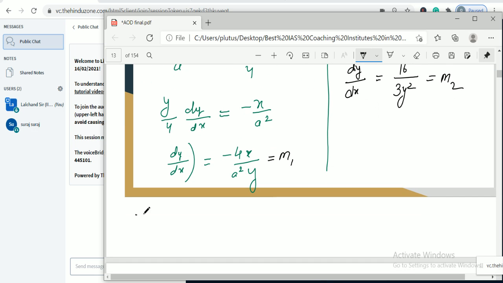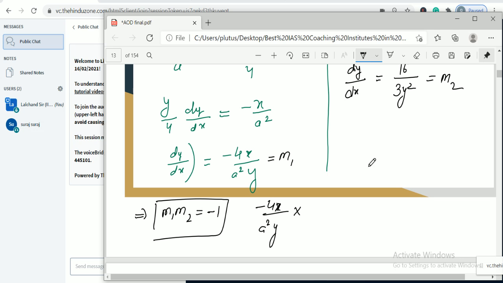If we put the values of m1 and m2 equal to minus 1, then we have minus 4x by a square y into 16 by 3y square equal to minus 1. This gets cancelled. Okay. If we simplify this, then what is the value of this?